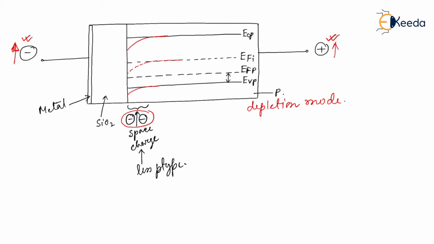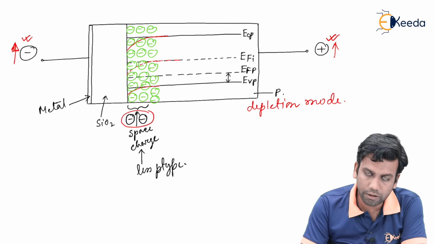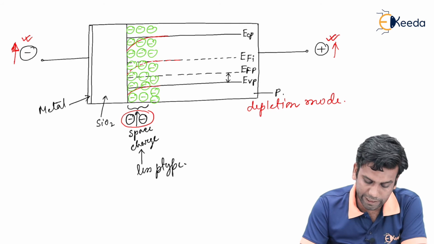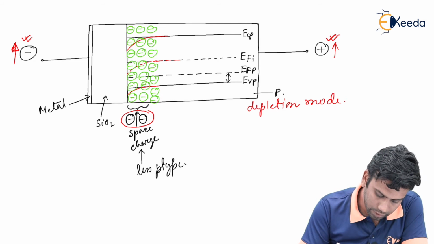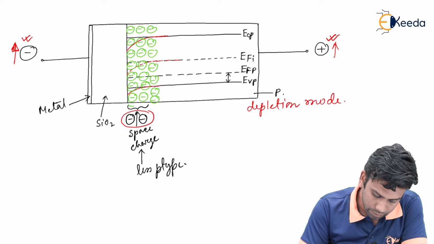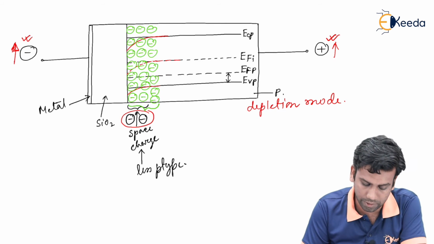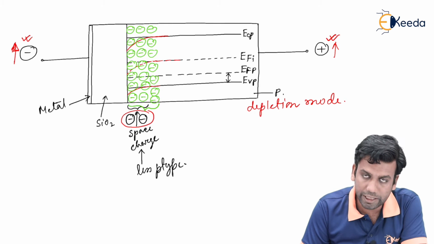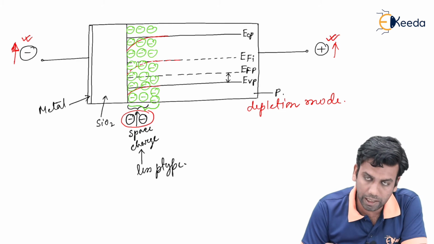That means the negative charge region, that is the interface region, will be wider now, and also the concentration of the negative charges will be increased. That means the interface region will now have more space charge region. That means there will be more depleted acceptor ions in the interface region.